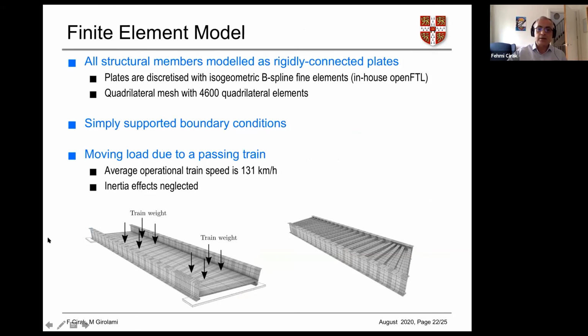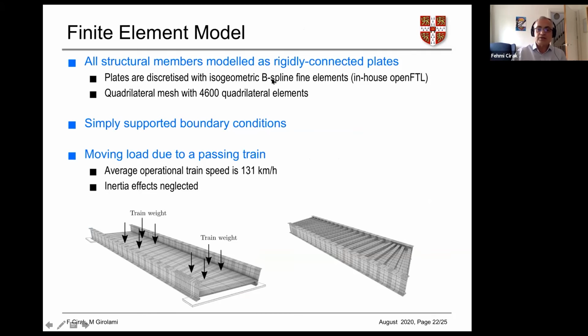And in our finite element model, we model essentially all structural members as plates which are rigidly connected, so they can transfer moments, and the plates we discretize with isogeometric B-spline finite elements.